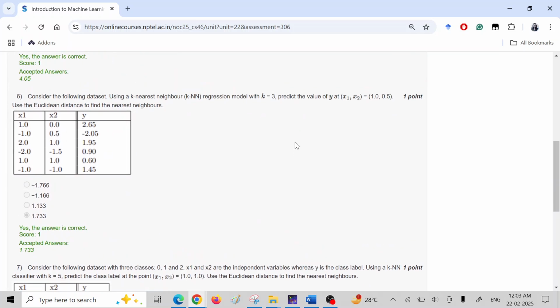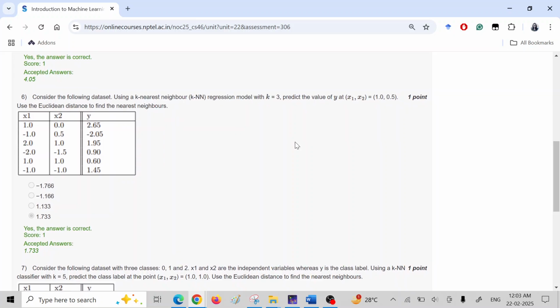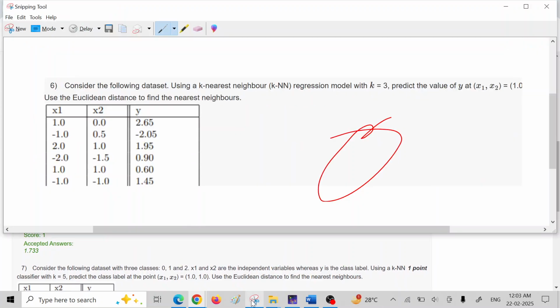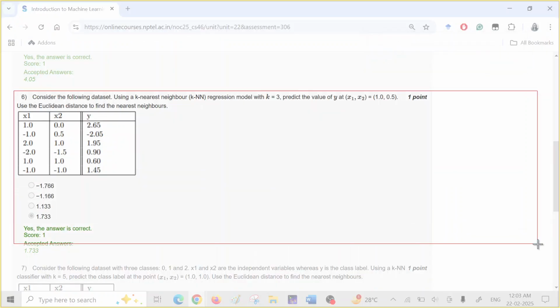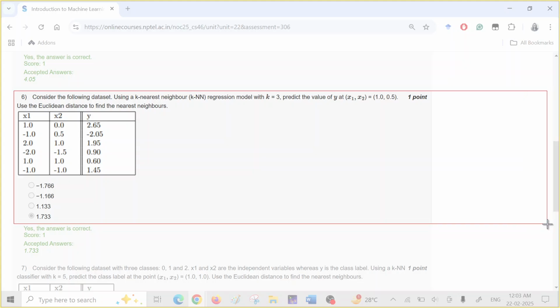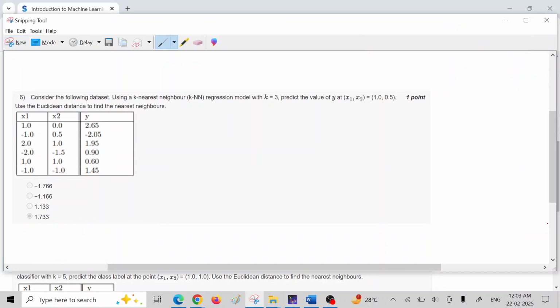Let us take a screenshot here. This question says that one data set is given and we need to apply the KNN model, but for the regression task.